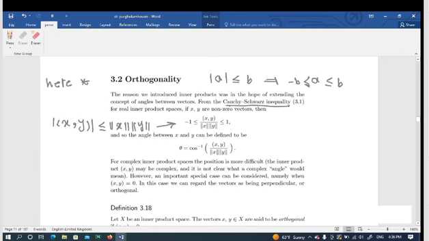So if two vectors are orthogonal to each other, the angle between these two vectors is pi over 2.